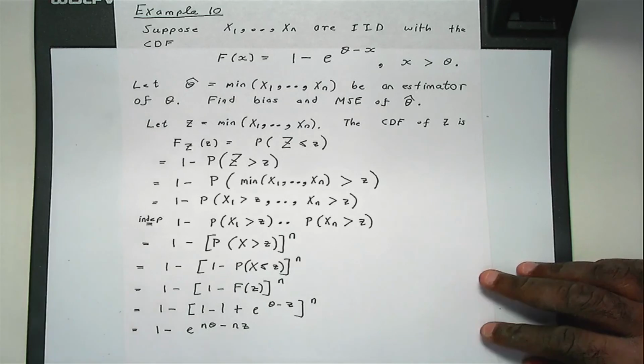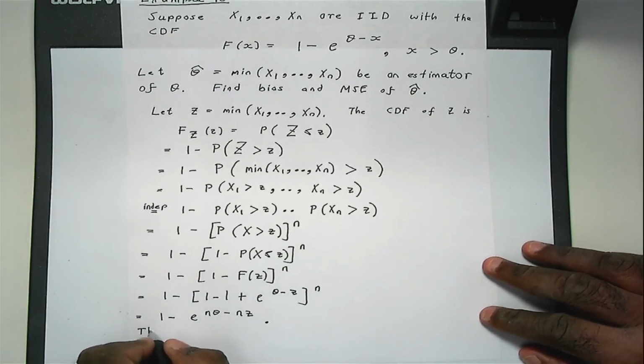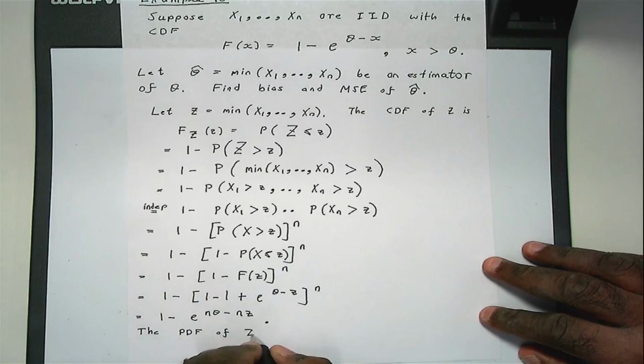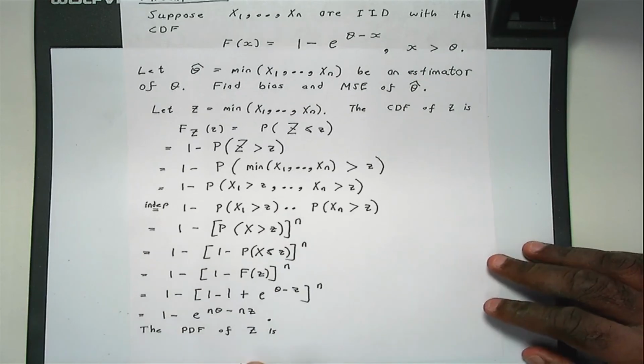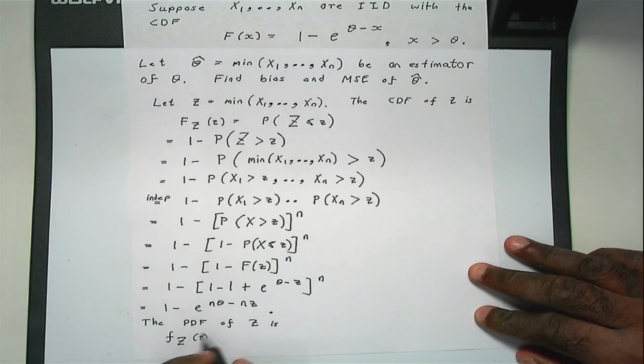So the PDF of z is simply the derivative of this with respect to z. So you differentiate the CDF.